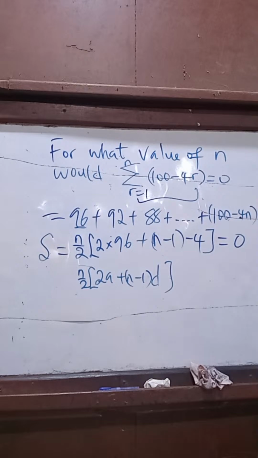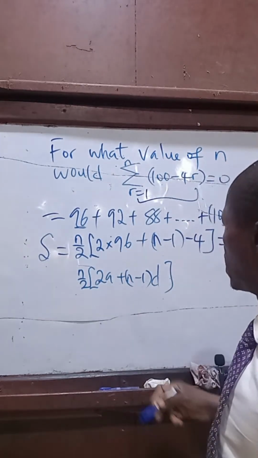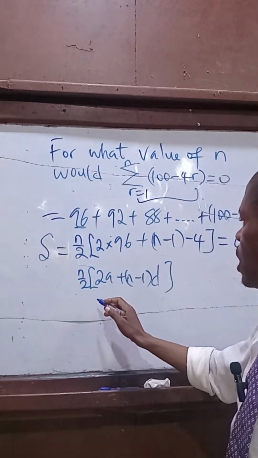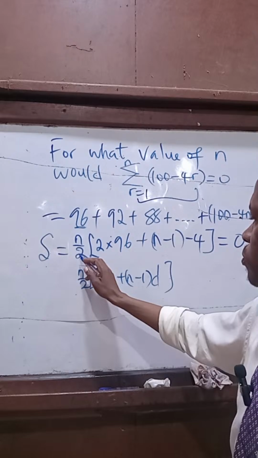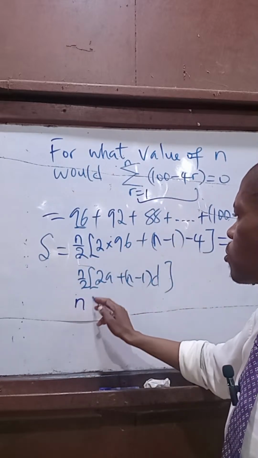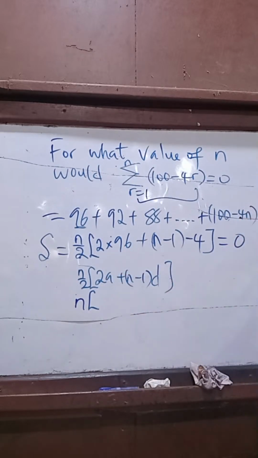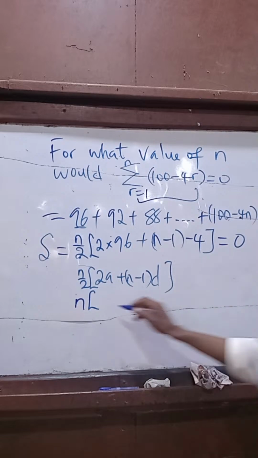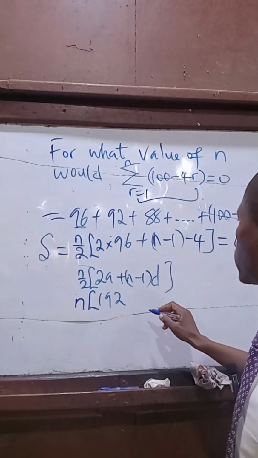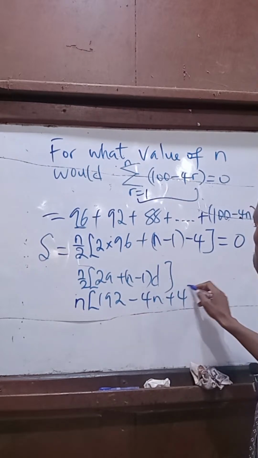The sigma means sum of. We can remove these 2 here, both sides times 2. So that will be equal to 2 times this one, 96 times 2, that's 192, minus 4n plus 4 equal to 0.